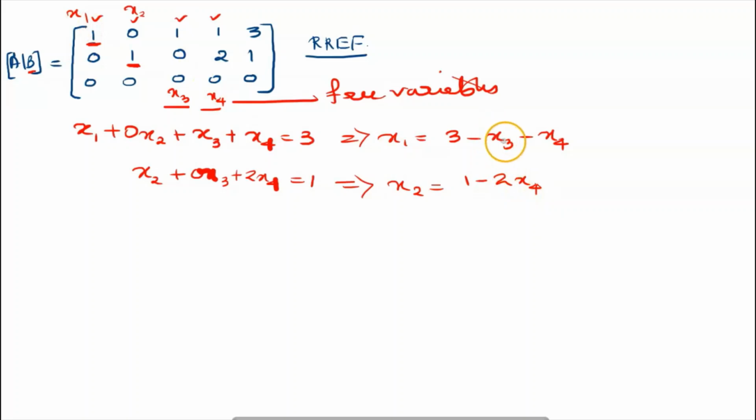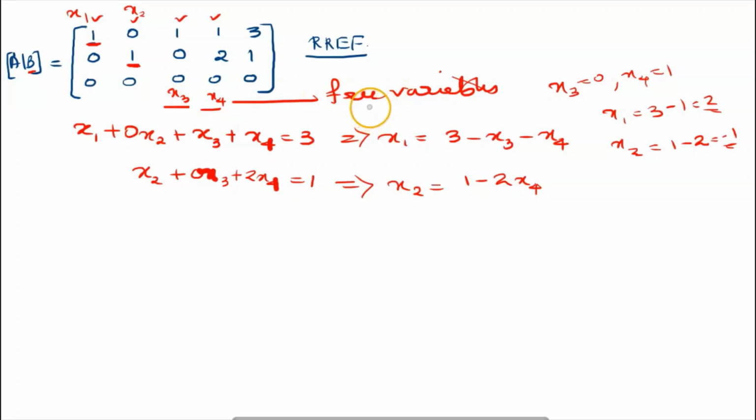That means if I put x3 equal to 0 and x4 equal to 1, I get x1 equal to 3 minus 0 minus 1, which is 2, and x2 equal to 1 minus 2 into 1, which is minus 1. So corresponding to each value of x3 and x4, I get x1 and x2. x3 and x4 are free variables, so we can choose any values.